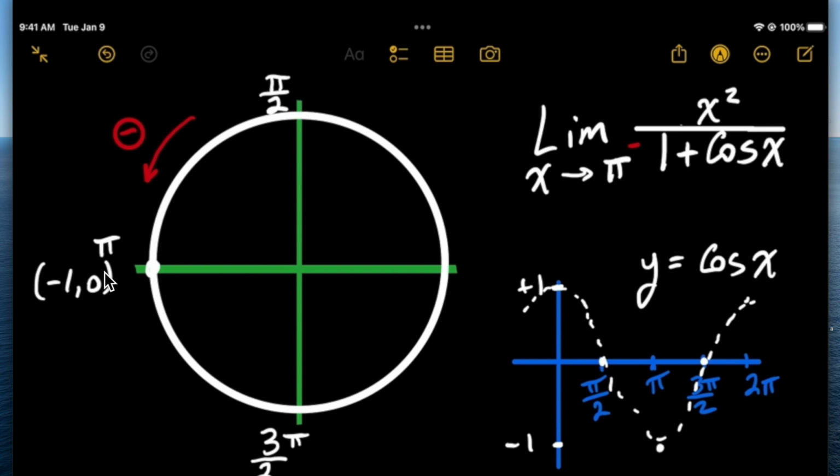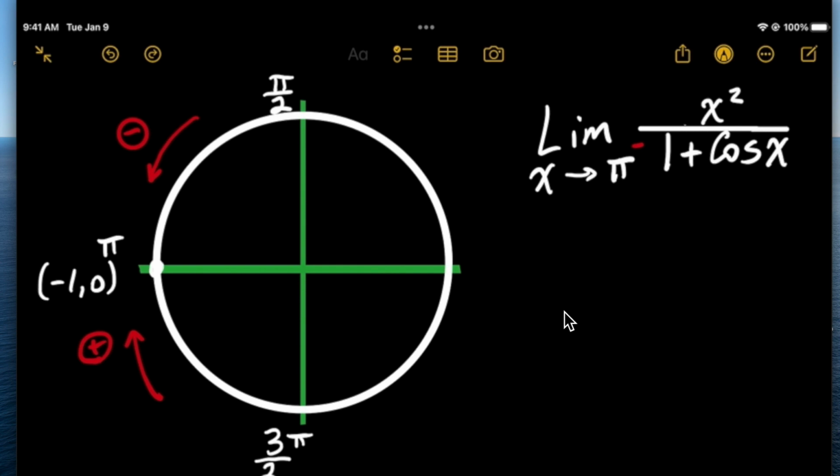Pi over 2 to pi. So let's just go ahead and do the opposite. That's the limit coming from the right. From the right on the graph, you could see 3 pi over 2 towards pi.